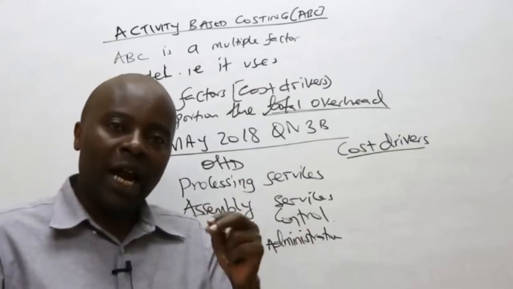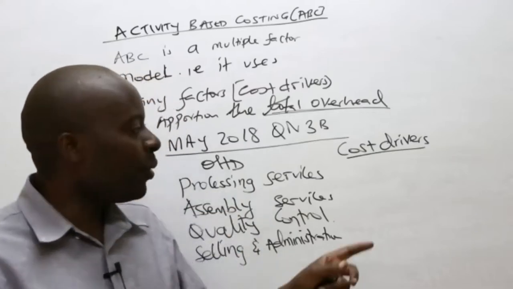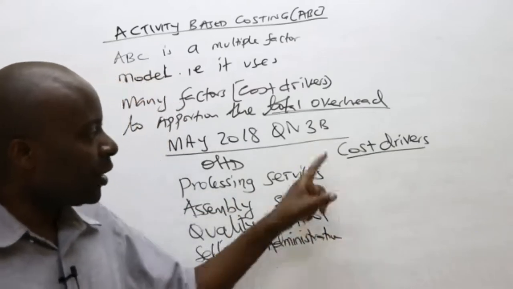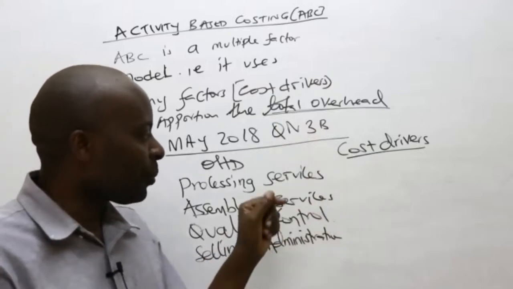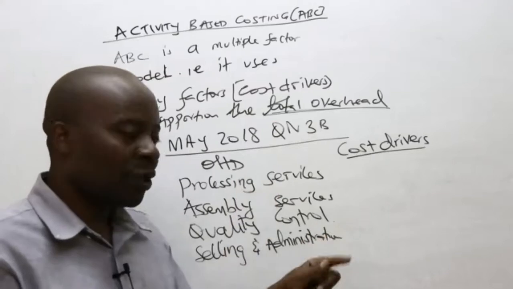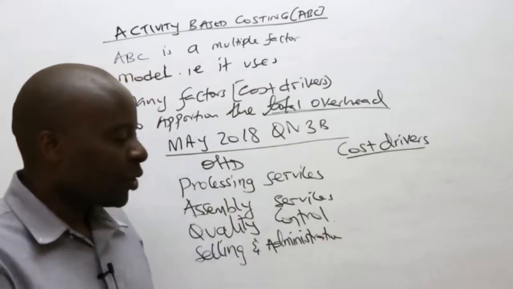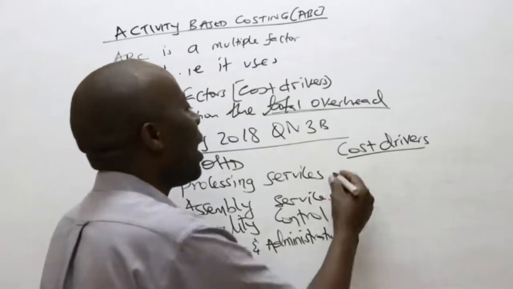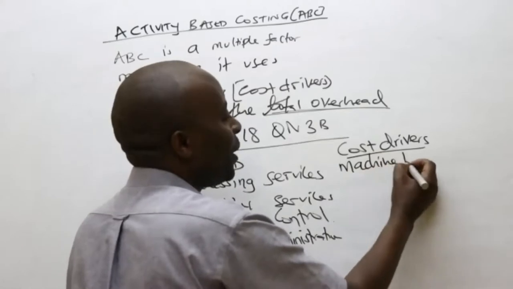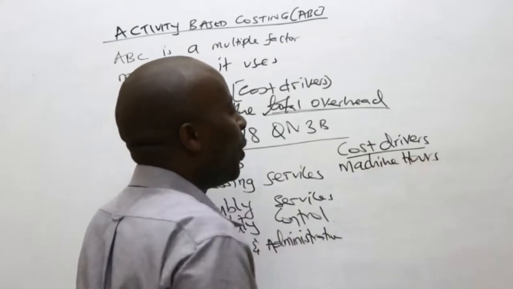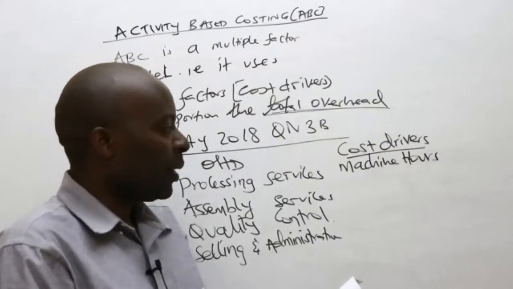The more the hours, the more the processing cost. Nobody will give you the cost drivers; you're supposed to look at the relationships. Processing services, we have machine hours.